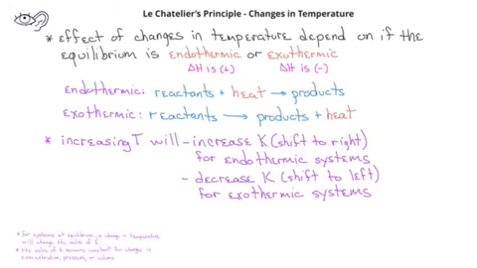At the same time, increasing the temperature in an endothermic reaction will shift the reaction toward the products, which will result in a larger equilibrium constant. Increasing the temperature in an exothermic reaction will decrease the value of K by shifting the reaction toward the left, or toward formation of more reactants.